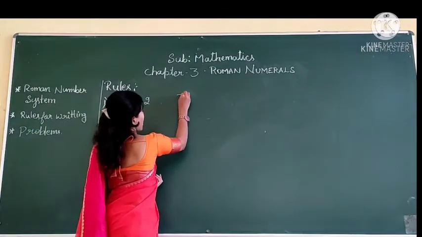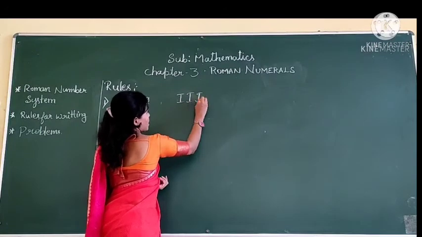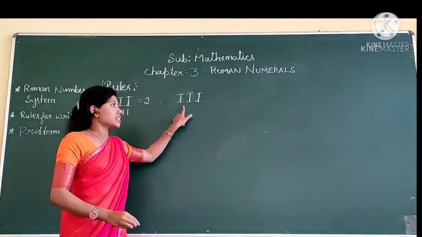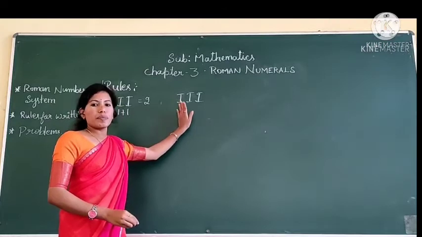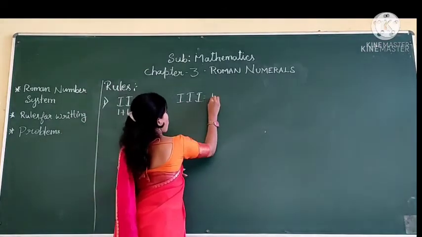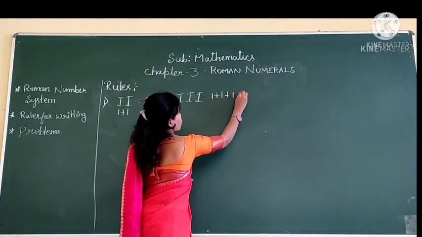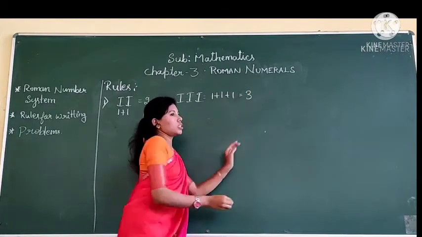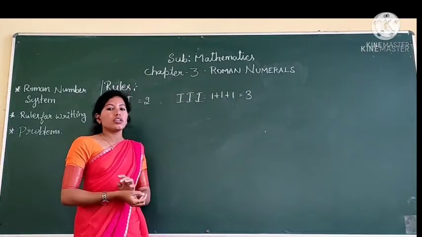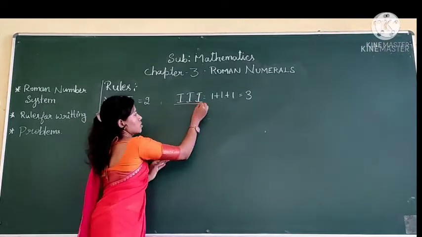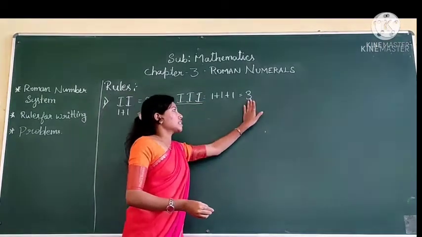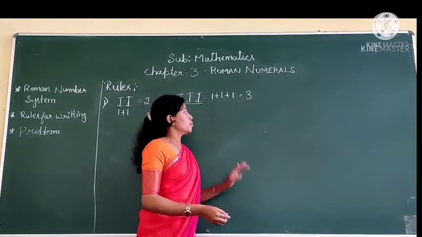If there is III, this certain letter I is repeated thrice. That means 1 plus 1 plus 1 is equal to 3 in Hindu-Arabic numerals. This is the Roman numeral, this is the Hindu-Arabic numeral.